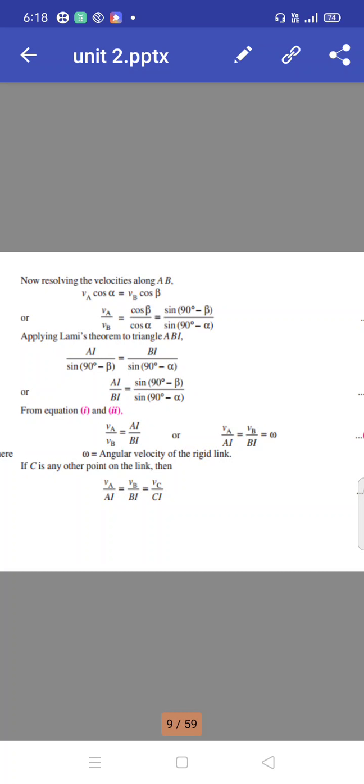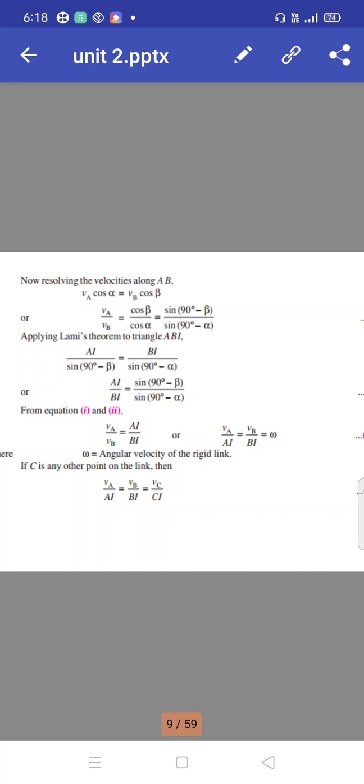Apply Lami's theorem to triangle ABI. So AI divided by sin(90 minus beta) is equal to BI by sin(90 minus alpha). So AI by BI is equal to sin(90 minus beta) by sin(90 minus alpha).